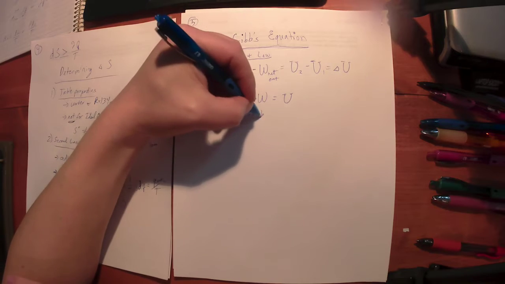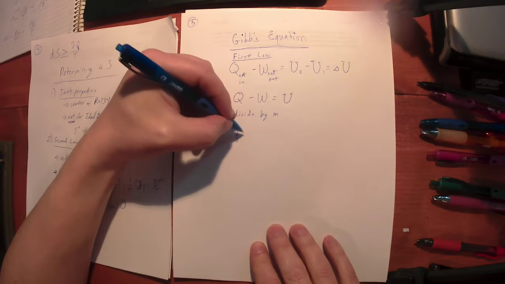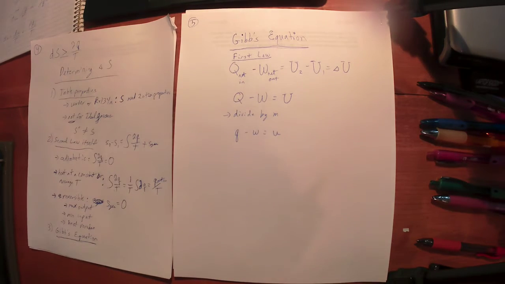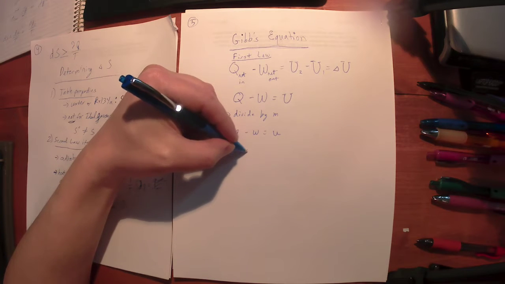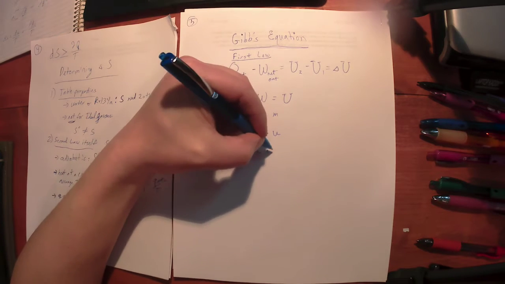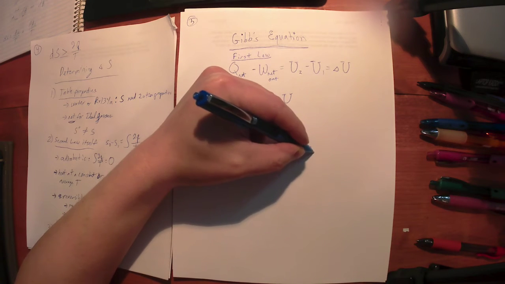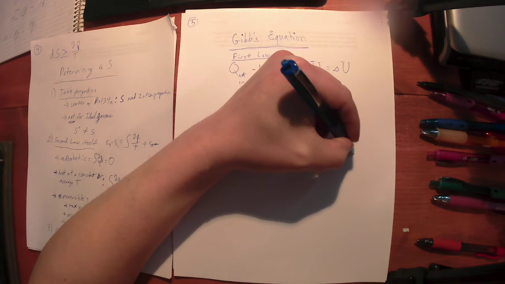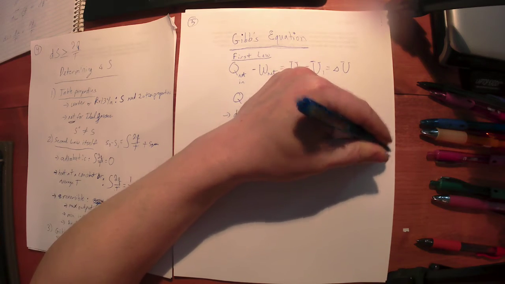And if we divide by m, if we look at this per unit mass, then that's little q minus little w is equal to delta little u. Okay? And then let's consider a tiny differential slice of our system.